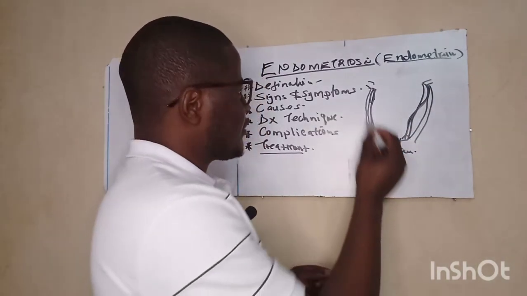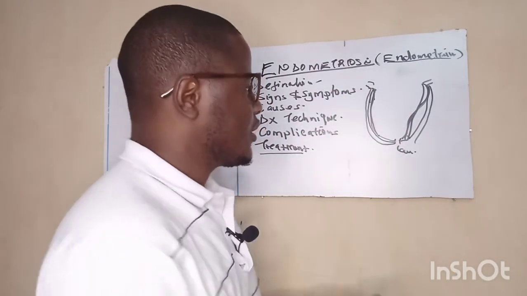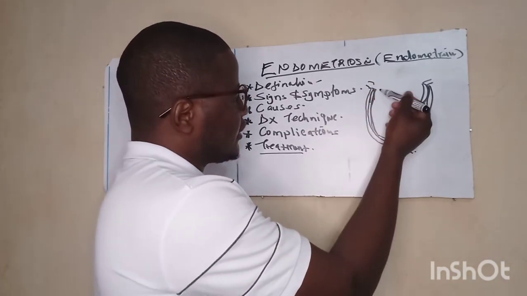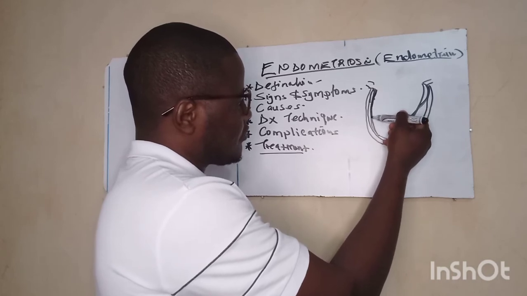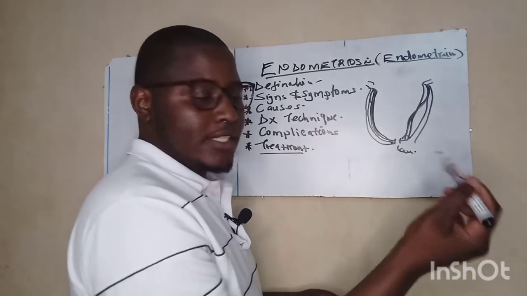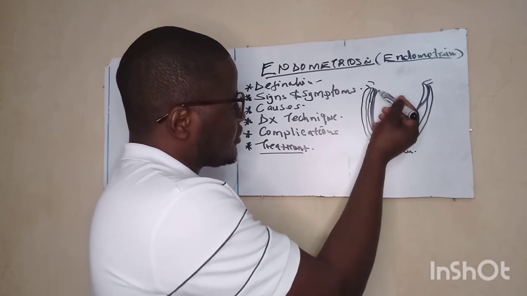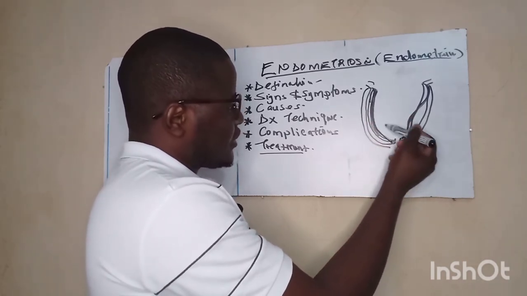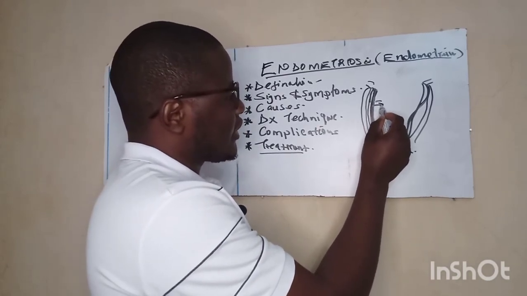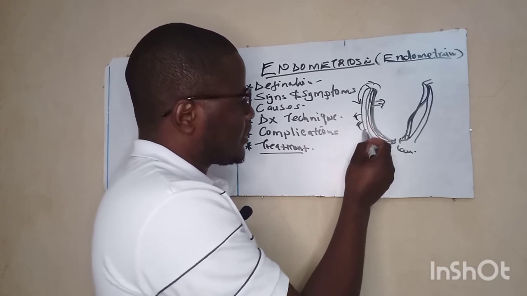So endometriosis itself is a condition, or a disease, whereby the tissue that lies inside here, this layer inside, gets up and grows outside the endometrium. So because we have a layer inside here, when you have endometriosis, this layer that normally grows on the inner side goes and grows on the outer side of the uterus.